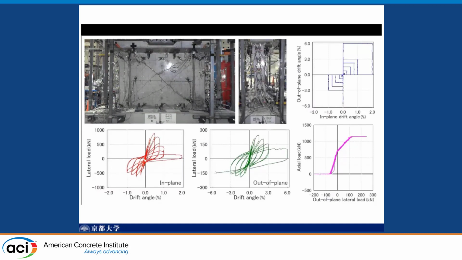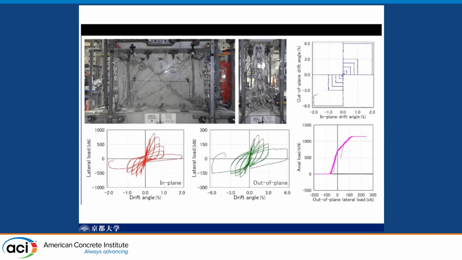For example, it goes this way and then that way. The loading system is a little bit complicated, but we control the whole system, and we realized this type of loading path.